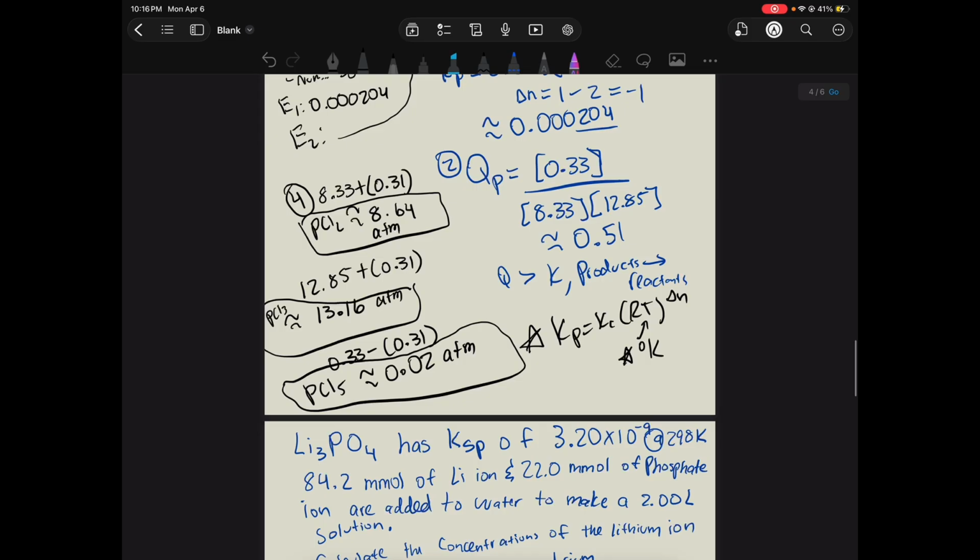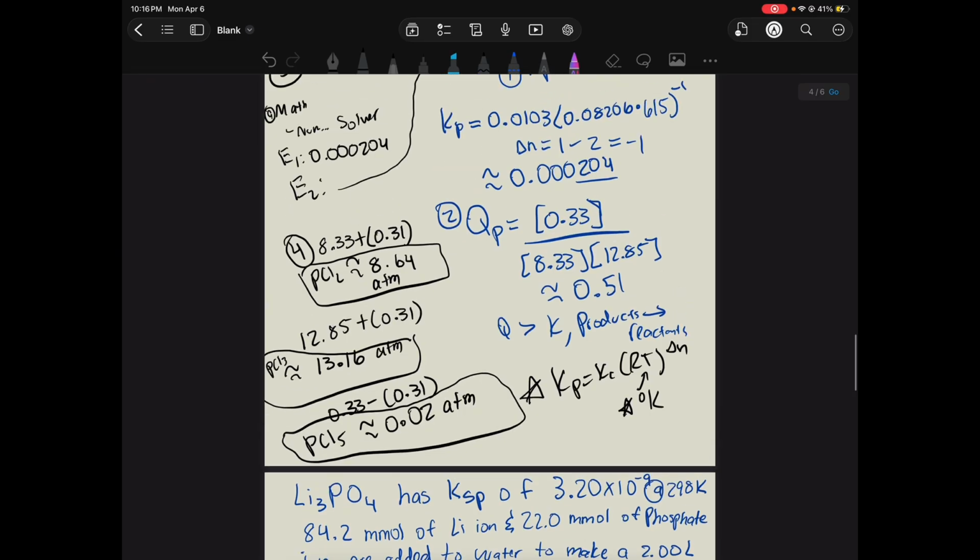And remember that because we have a value of Kp, we always have to compare this value with a Qp value, not a Qc, because this is, again, using pressures, not concentrations.